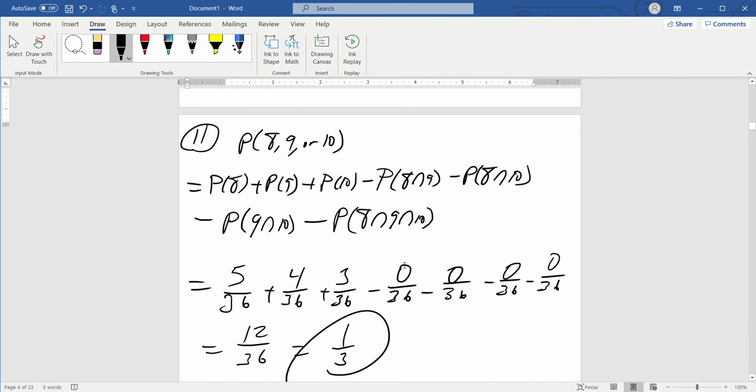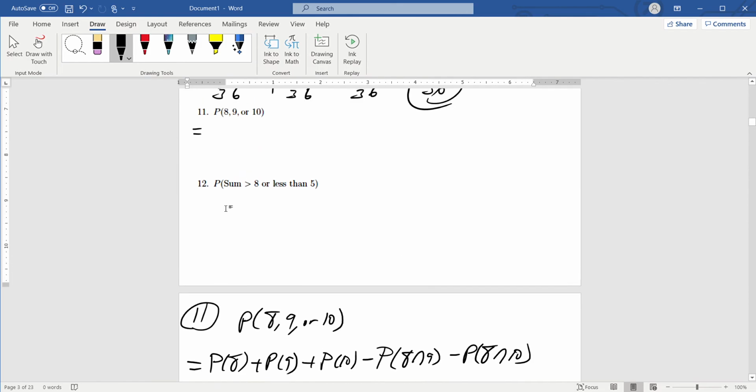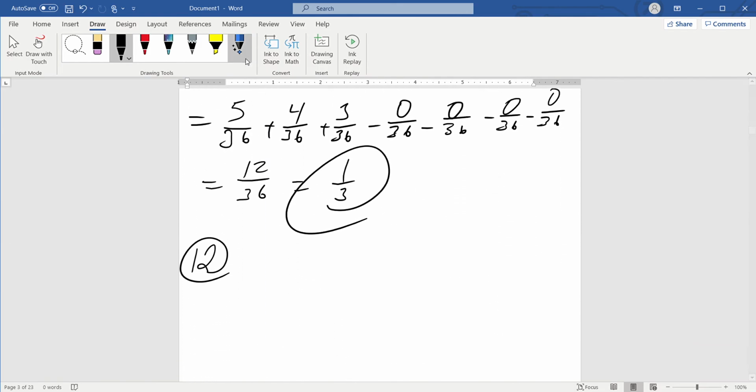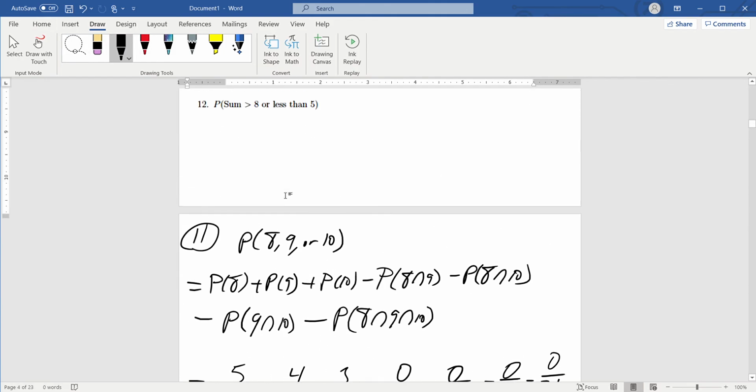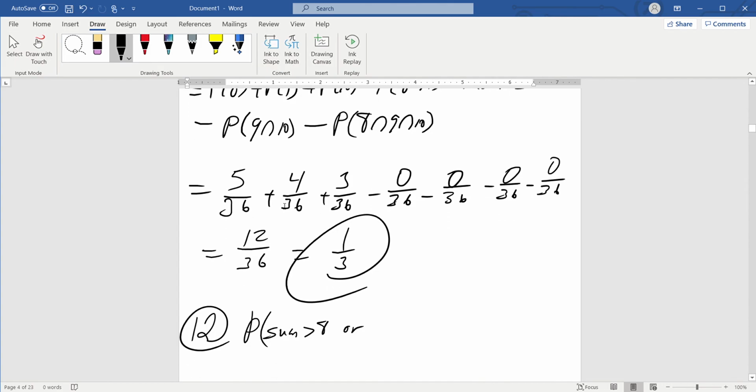Okay, so now number 12. Sum bigger than 8. Not done yet. I think it said or less than 5.